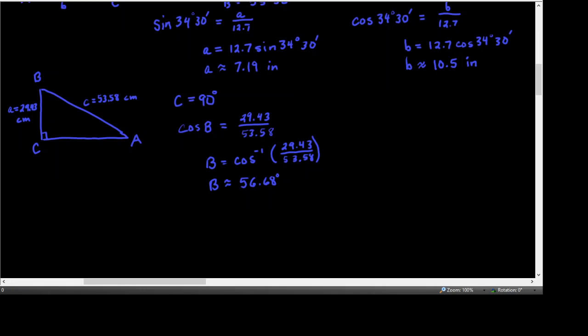Well, if you're going to find A using the fact that they add up to 180, you're going to be introducing the 56.68 number into that calculation, and that's a bit risky. So if you decide you have to do it that way, and there's some problems where you cannot avoid using a calculated number to go forward, I want to show you or talk to you about how to do this on your calculator.